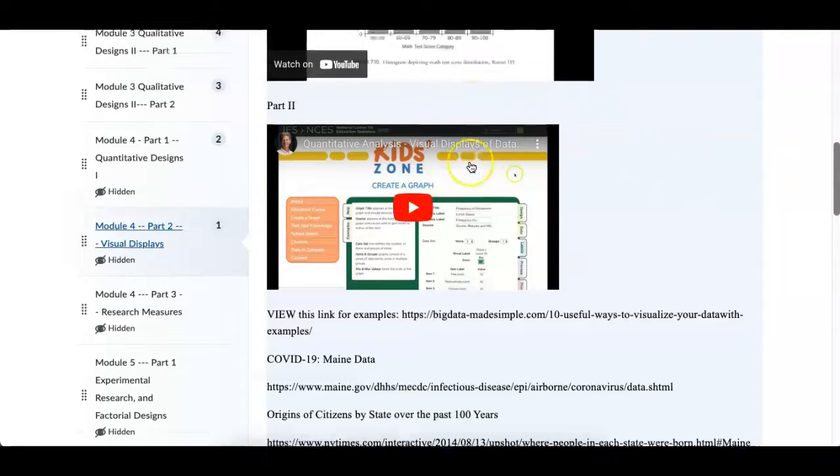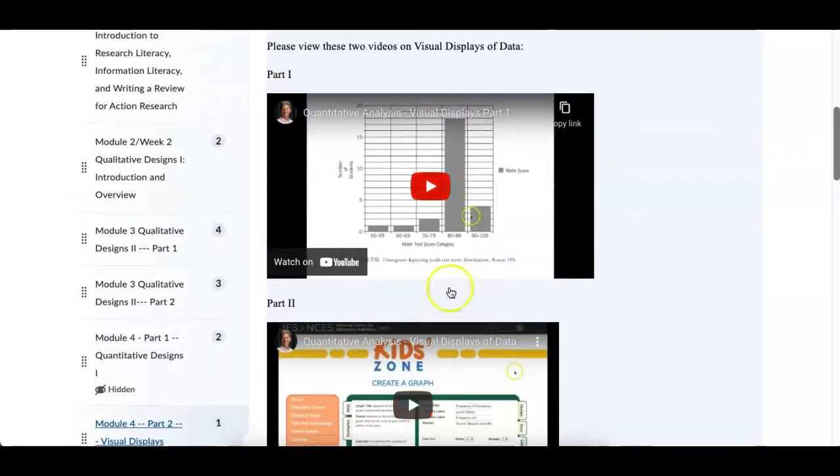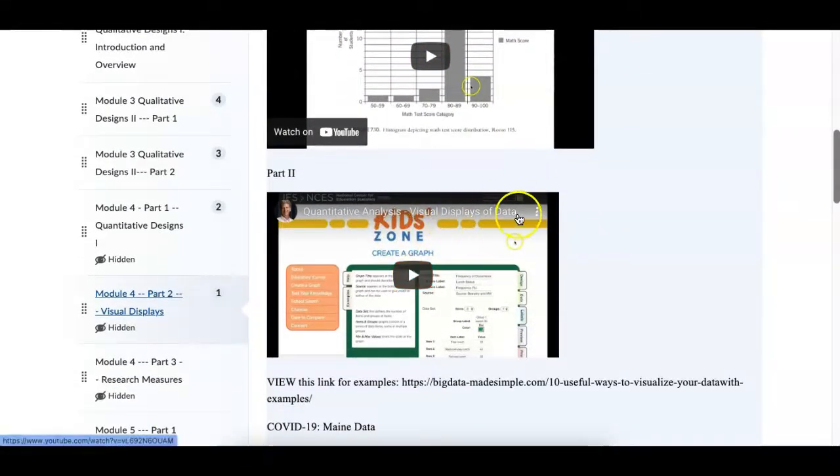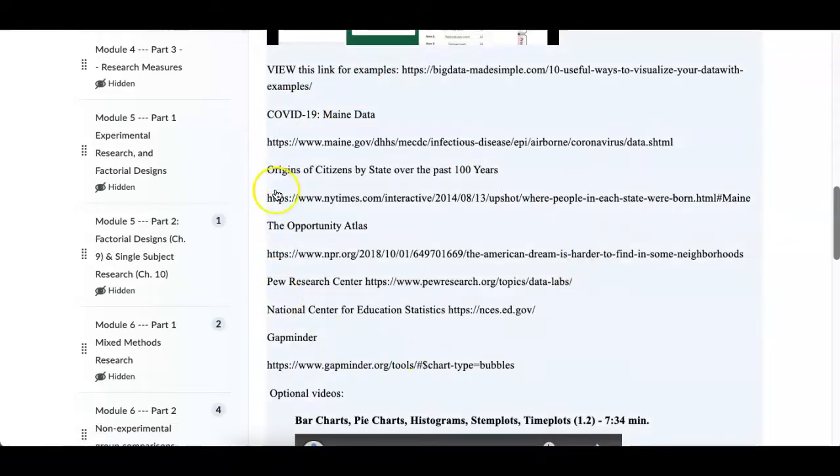So what I'd like you to do is take a look at the quantitative analysis, visual displays part 1, Jeff Beaudry. Thank you, Jeff. And then we have visual displays of data number 2. We have various sources of data.